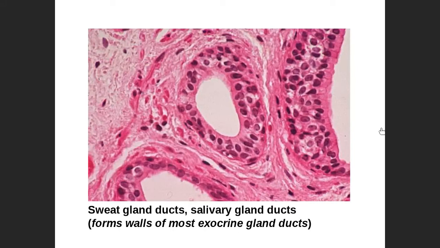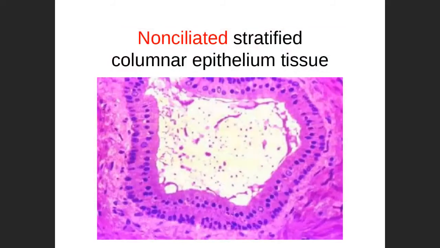Let's move on to the next type of epithelium, the non-ciliated stratified columnar epithelium. I just showed you a slide of this. Non-ciliated means it's not going to have any cilia. This is a relatively rare type of epithelium. Like I said before, these cells are going to be taller than they are wide.